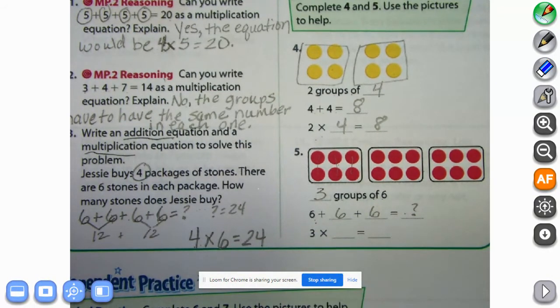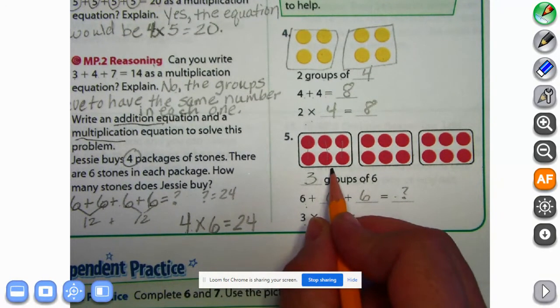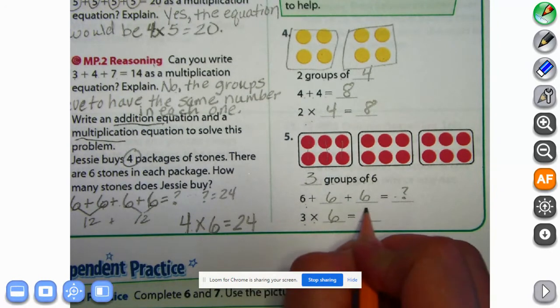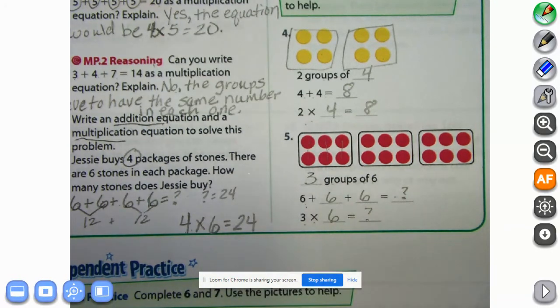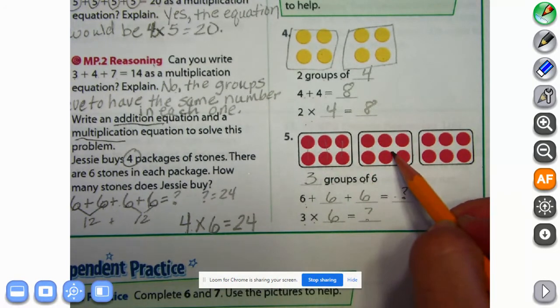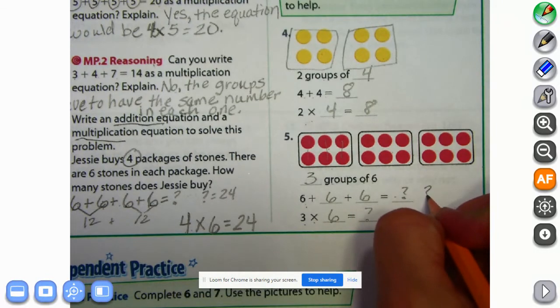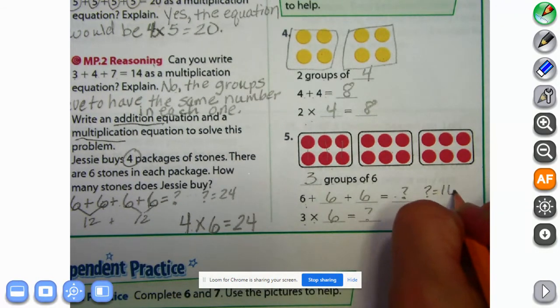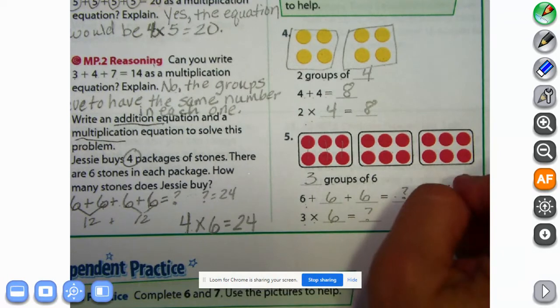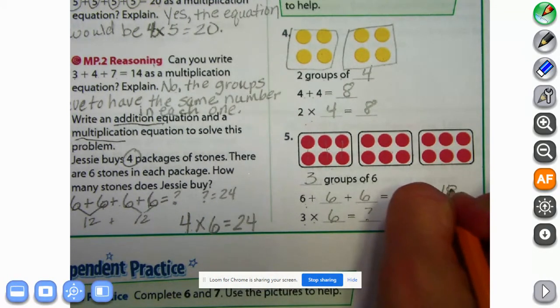We're going to figure that out. A multiplication problem would be 3 times 6 equals question mark. Let's find out. So if we do 6 plus 6 is 12, plus 6 is 18. So the question mark equals 18.